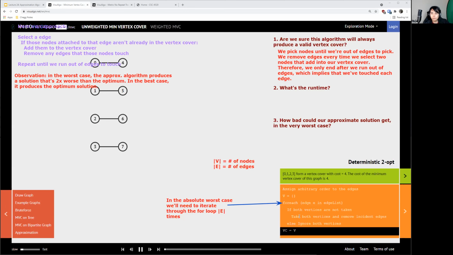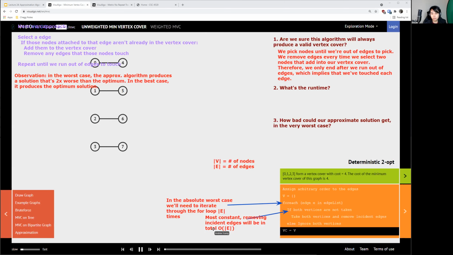Now, if we are thinking about it carefully, the inner for loop is not actually going to take any extra time that is scary here. Mostly constant in the iteration every time we iterate through. Removing incident edges will be in total O of E for every single iteration, right?